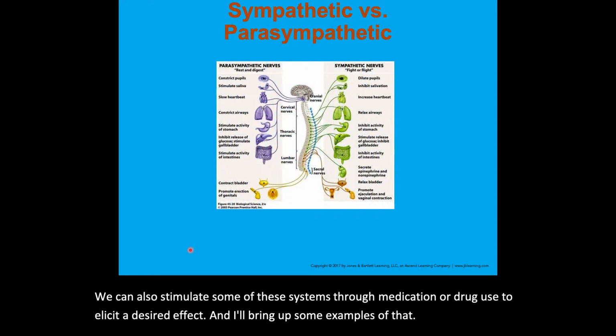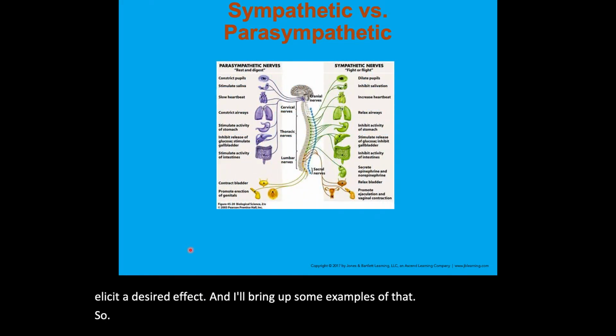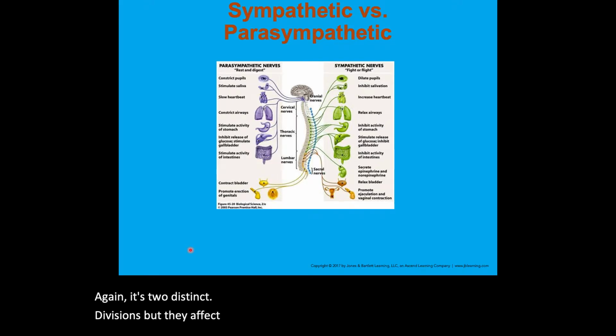So, again, it's two distinct divisions, but they affect the same systems in different ways because they act to balance each other out throughout the day. We go through periods of stress throughout the day.